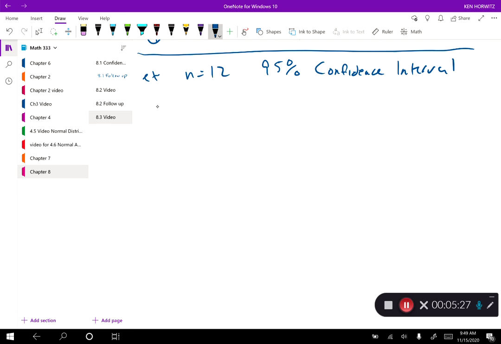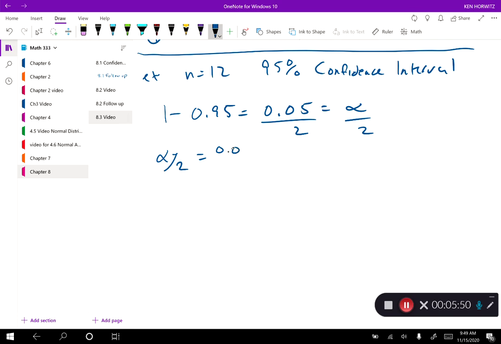Remember, we always had our alpha and our alpha divided by 2. So to get alpha, we do 1 minus 0.95, which equals 0.05, which equals alpha. And if we divide by 2, I get alpha divided by 2 equals 0.025.